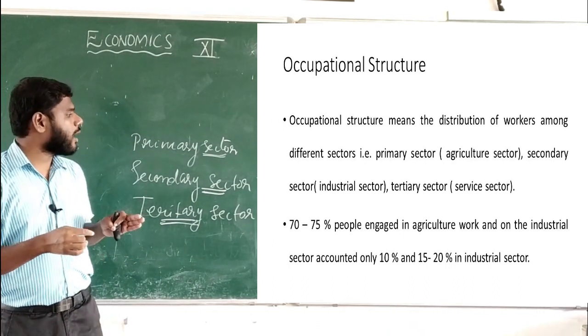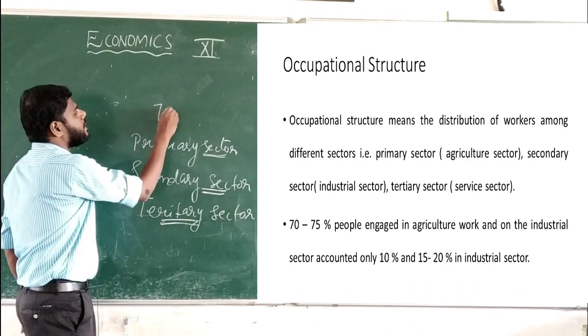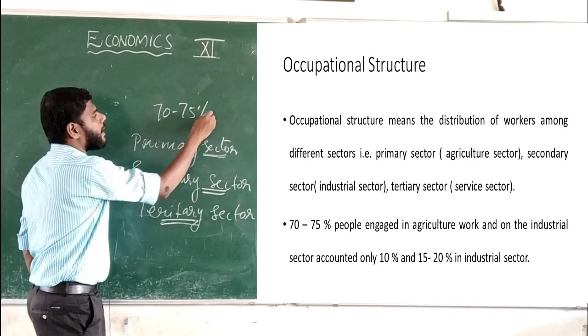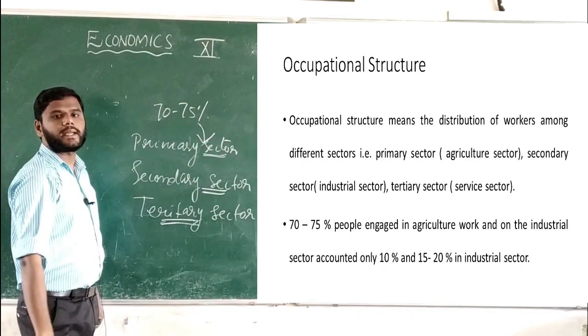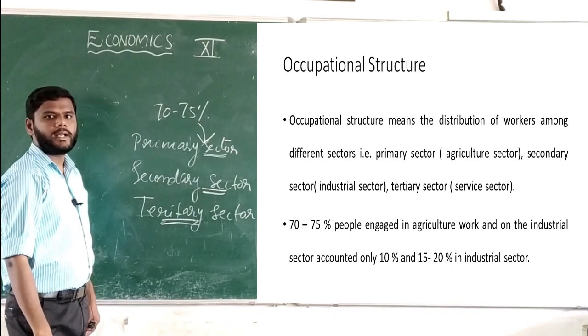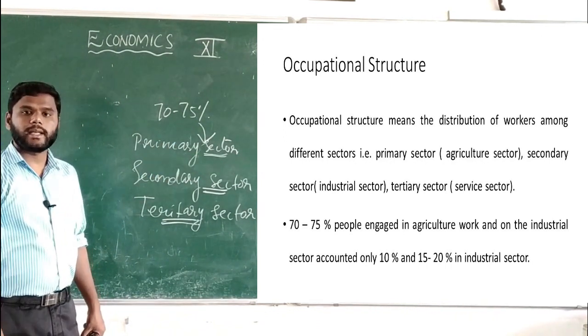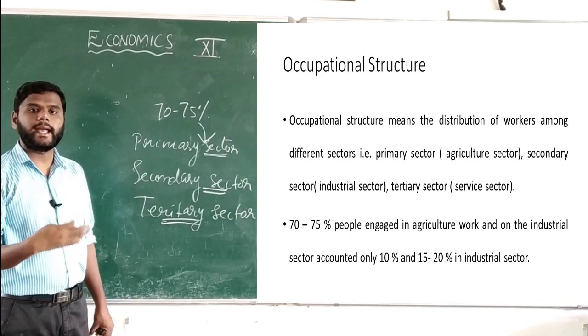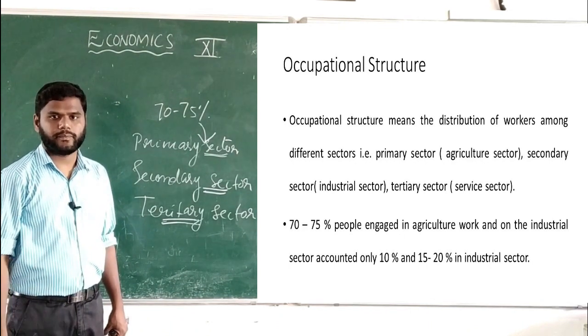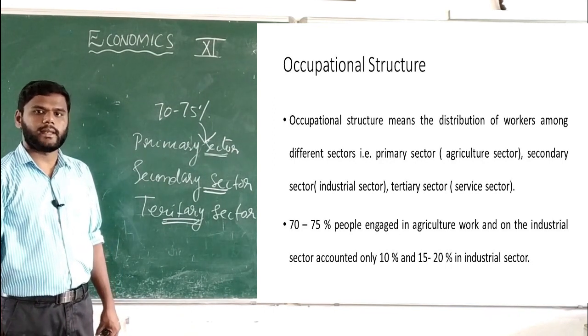That is, around 70 to 75 percent of people were engaged in primary sector. That means they are engaged in agriculture.